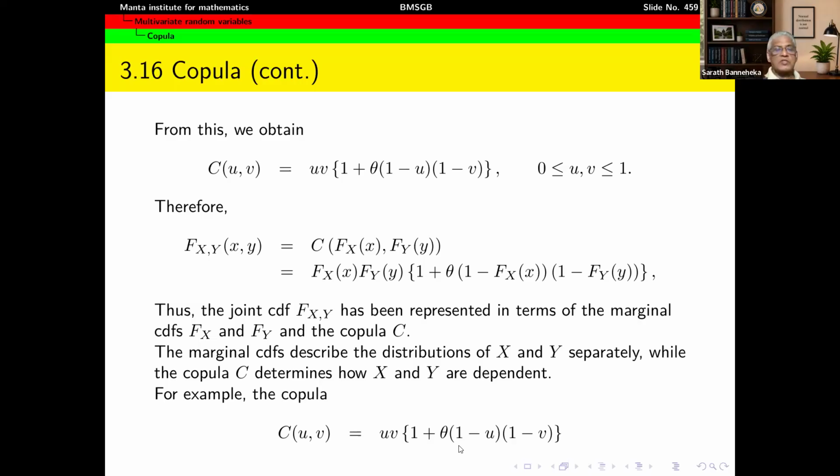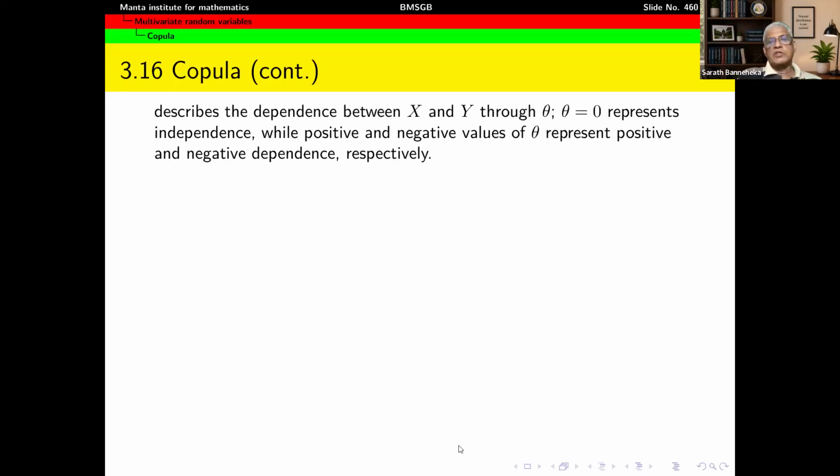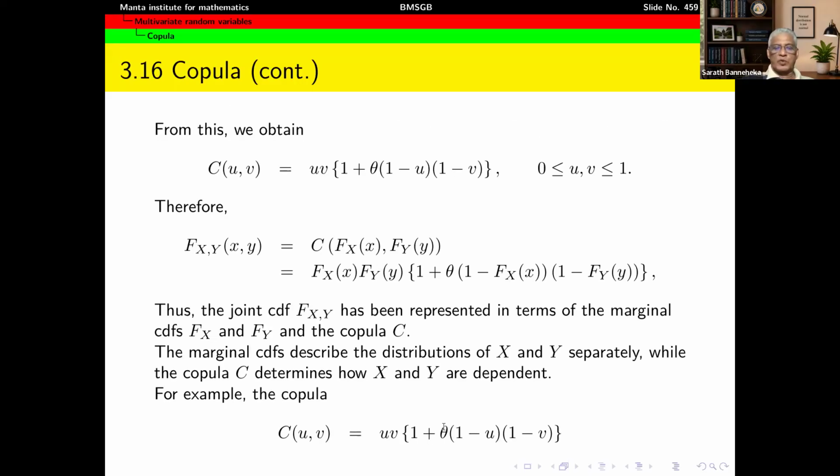So this expression describes the dependence between x and y through theta. Theta equal to 0 represents the independence between u and v, while positive and negative values of theta represent positive and negative dependence respectively. So you can understand that if you put a positive value here and use this joint CDF to find the covariance between u and v, you will see that it's a positive value.